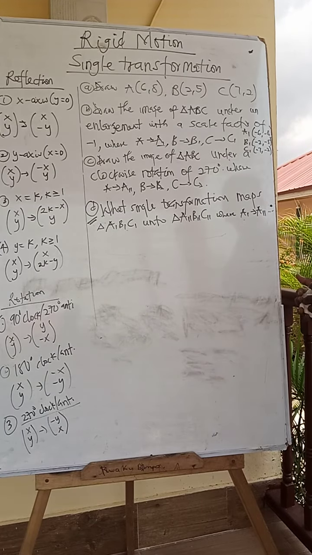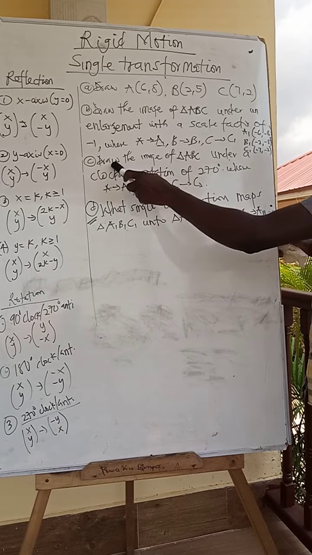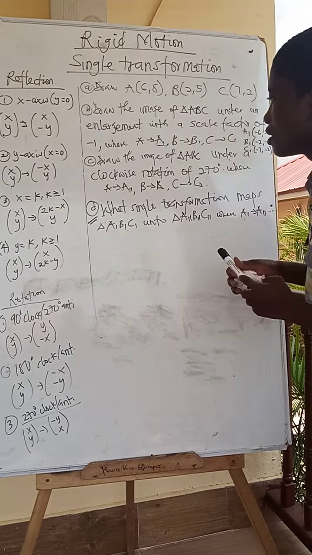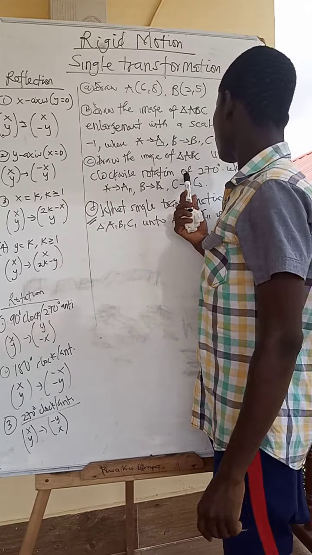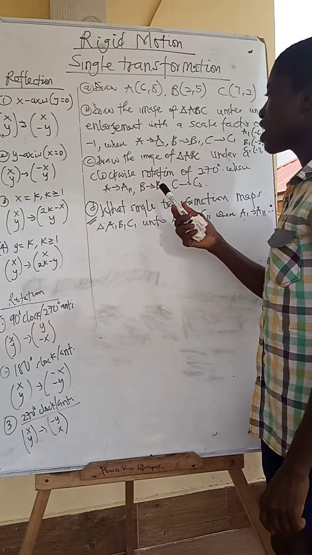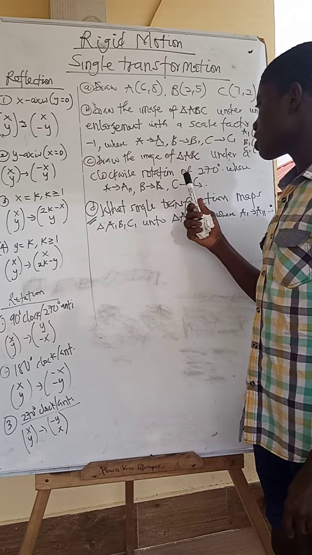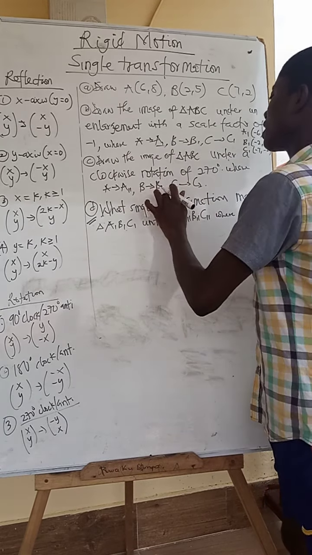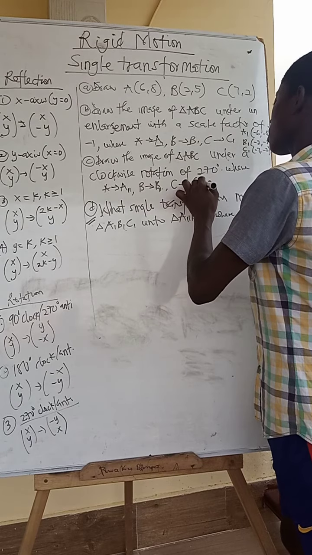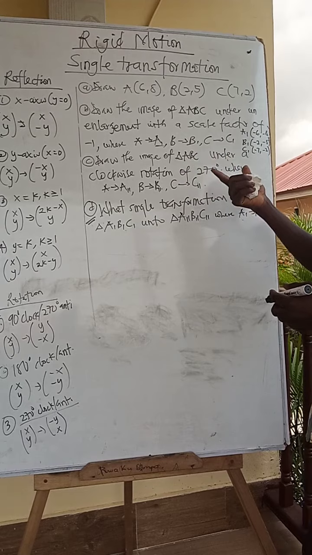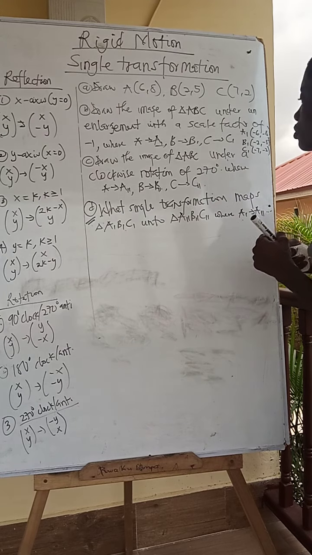Alright, let's see. Draw the image of triangle ABC under a clockwise rotation of 270 degrees, where A maps to A2, B maps to B2, and C maps to C2. So, under a clockwise rotation of 270.